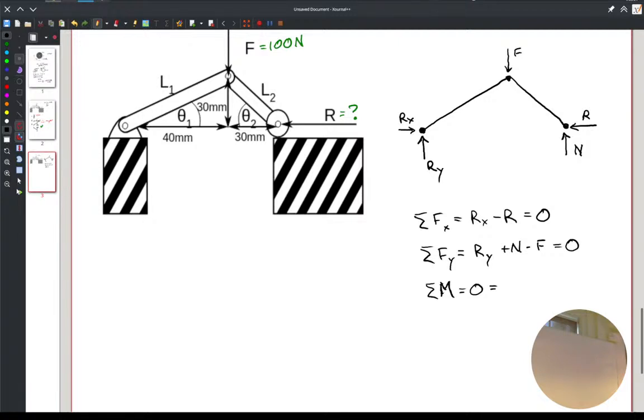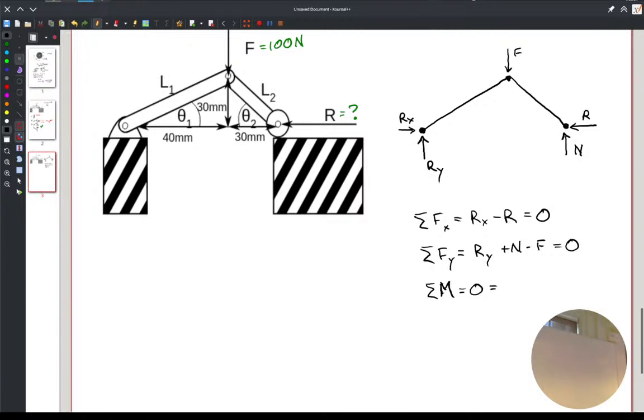Well, a great skill to have, especially for this class, is recognizing how many equations I have and how many unknowns I have. So how many degrees of freedom does this set of equations have? Right now, I don't know Rx, so there's 1. I don't know R, 2. I don't know Ry, 3. I don't know N, 4. But I do know F. And I only have 2 equations. So I can solve for 2 things so far.